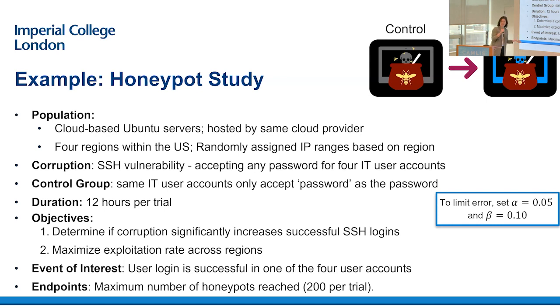So based on our pilot study, we had this statistic as to how many we thought would be exploited in the 4 hours. We then have our objectives, which I mentioned before, exactly the same. And the events of interest is just, did anyone successfully log in on any of these 4 user accounts? And then we have our endpoints, because I could only afford to have 200 honeypots per trial. This is a relatively small trial, but yeah.